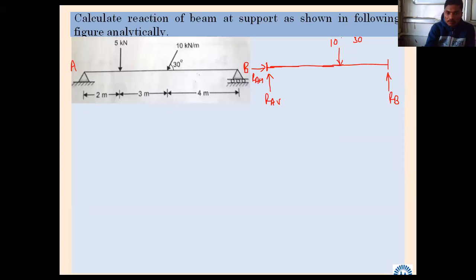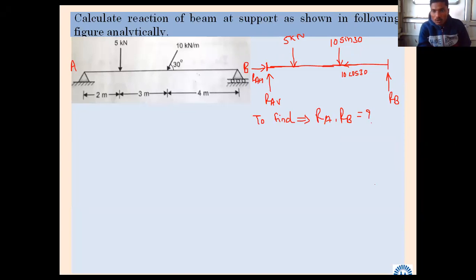Here it will be sine, and here there will be cos. 10 cos 30 over 5 kilonewton. And to find RA and RB equal to how much? Okay, it will be very easy, very easy.